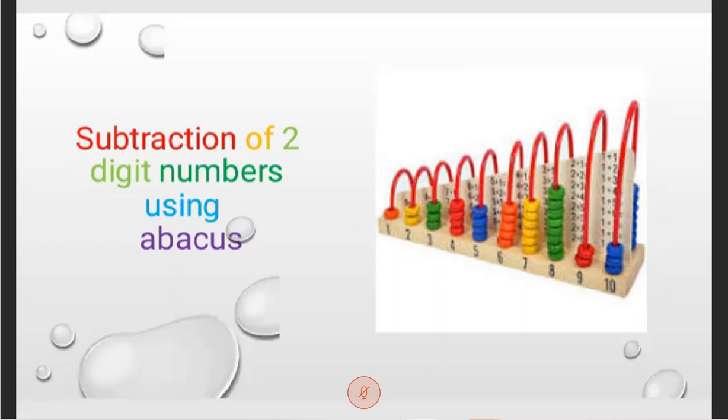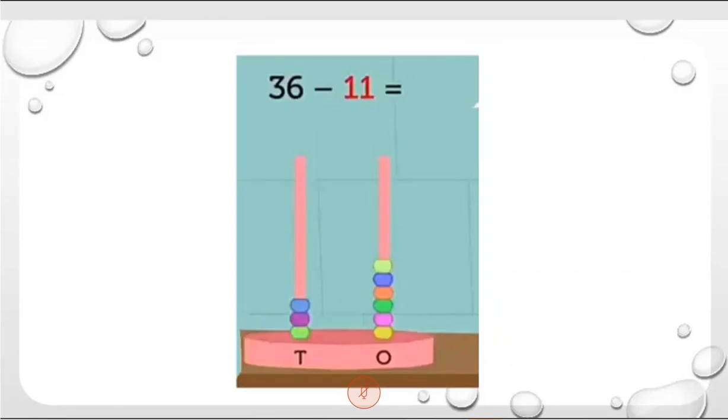If you have an abacus tool, you can practice subtraction from that also. And those who do not have one can draw an abacus picture. Let's do it. I will tell you how to do it. Let's use the abacus. You can zoom this picture.